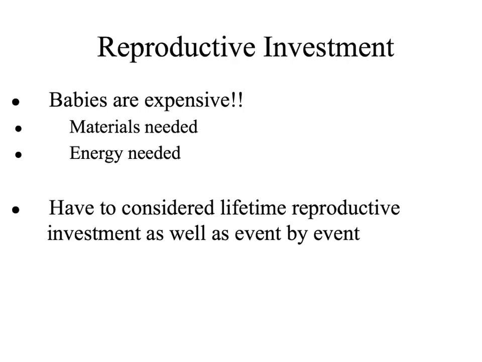Keep in mind, reproductive investment is a big part of life. Organisms reproduce to pass their genes on to the next generation. But babies are expensive. It takes a lot of energy and materials to both produce babies and to raise them, especially for females. It is important to consider overall lifetime reproductive investment as well as event-by-event reproduction.